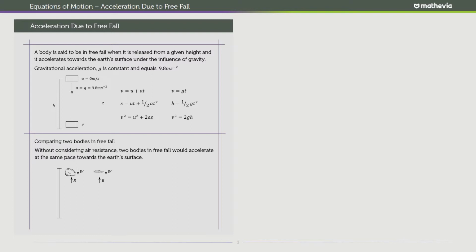And because the stone is heavier than the feather, the stone would overcome air resistance better. So you still have a large resultant force in the end. You have the stone accelerating faster than the feather, and that is why the stone will get to the earth's surface before the feather.